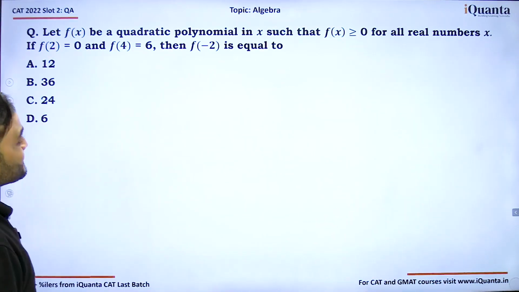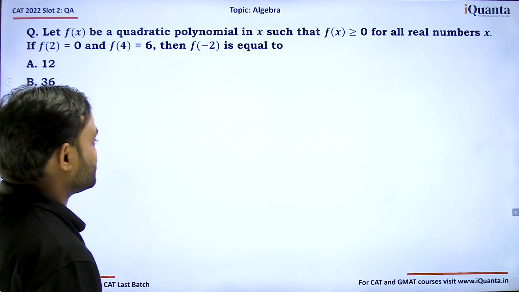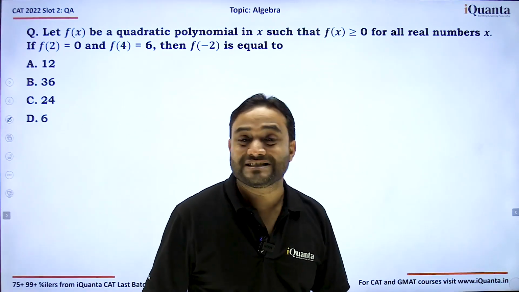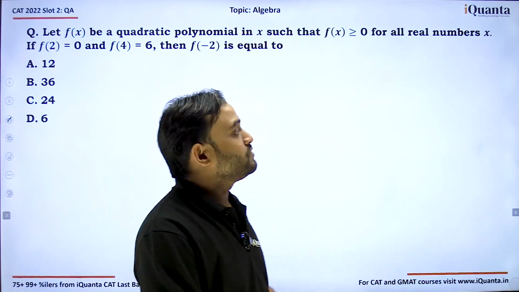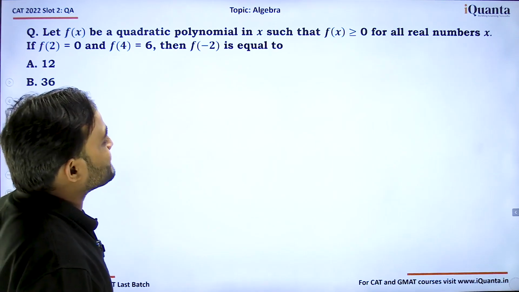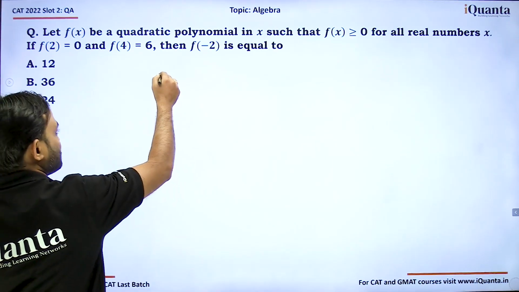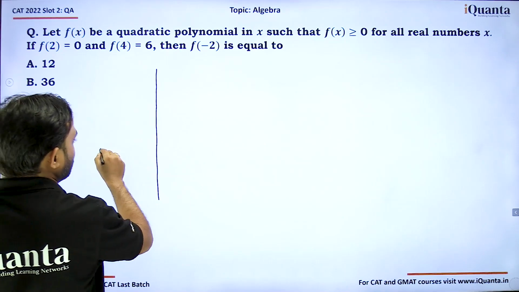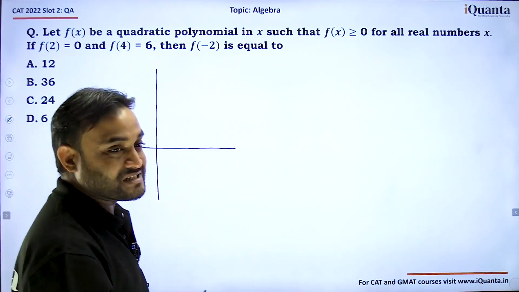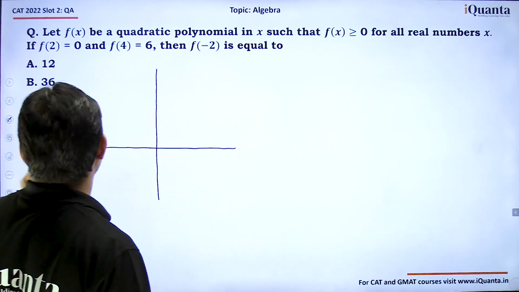Now let's discuss another way to solve this question. Now we know that f(x) is always greater than or equal to 0, and f(2) is equal to 0. In that case, can we say there will be only one root of this equation, because f(2) is equal to 0 means this graph is touching the x-axis.